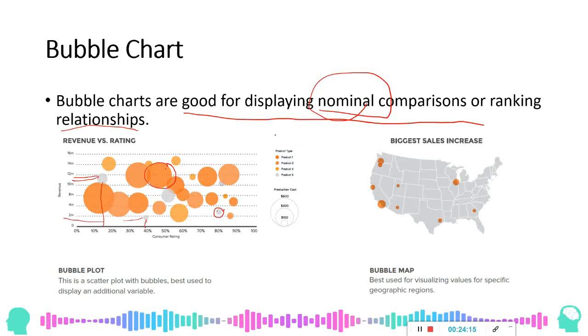If we plot as usual, revenue versus rating for 4 product types with 3 different production costs, you have all that information. So how to plot? You have revenue, rating, product type, and production cost. So much information.